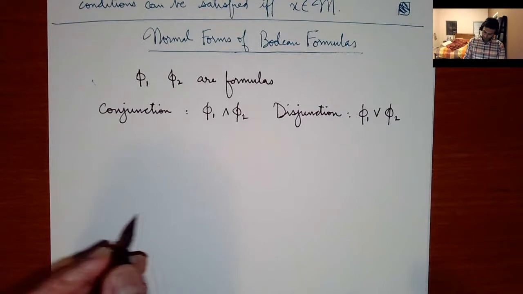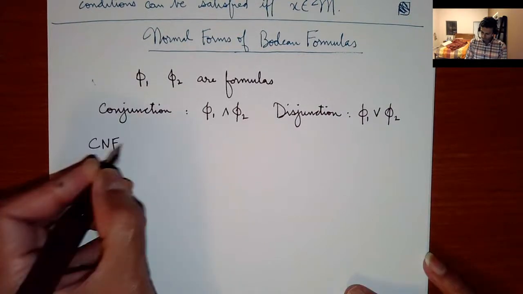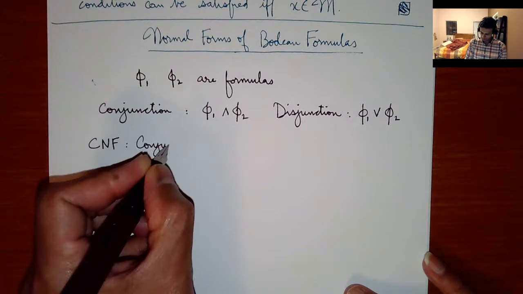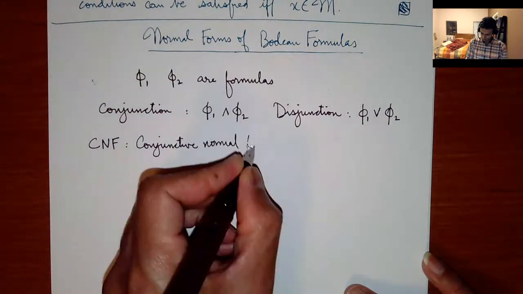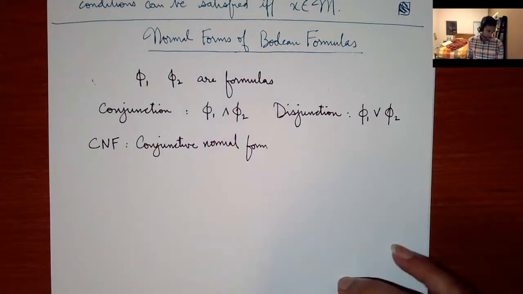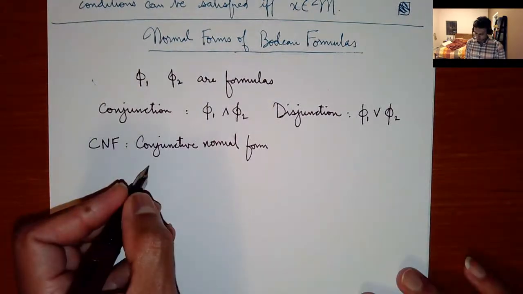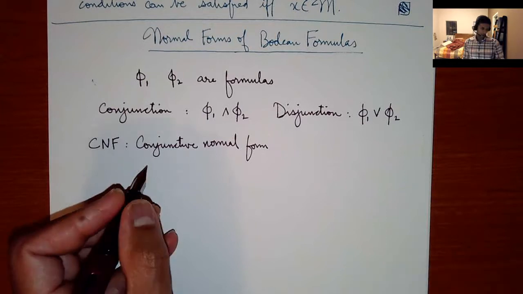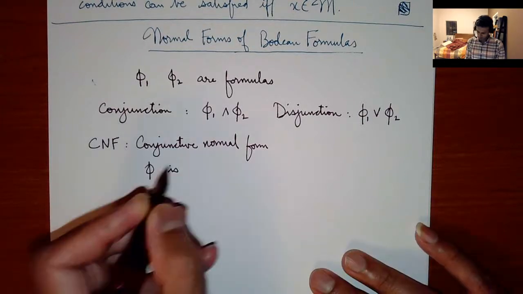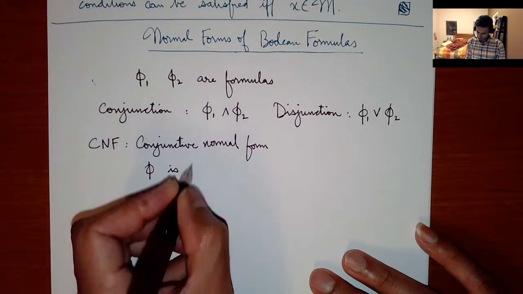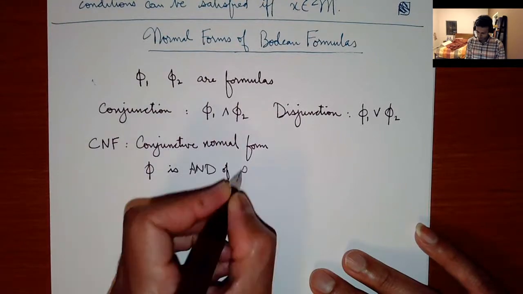So CNF, called conjunctive normal form, basically means that it's a conjunction of disjuncts. So this just means phi is an and of ors.